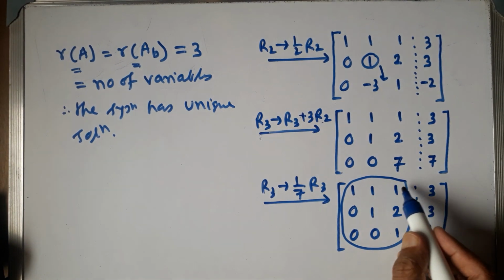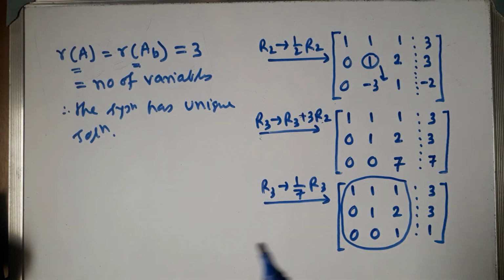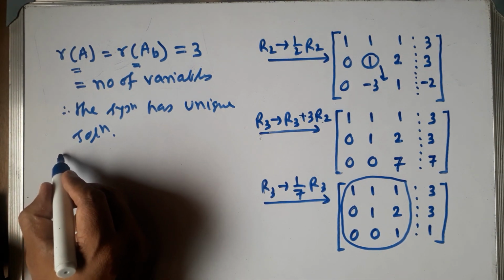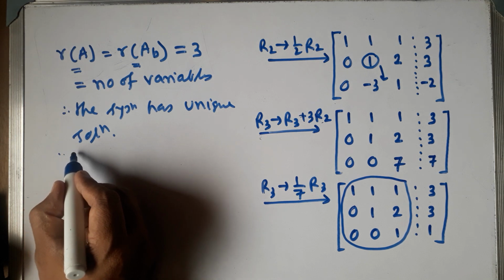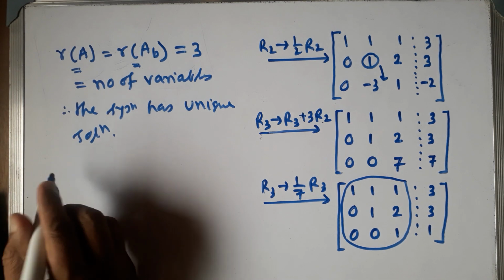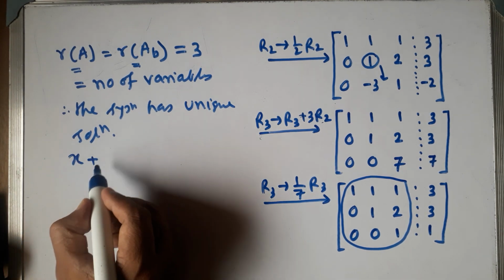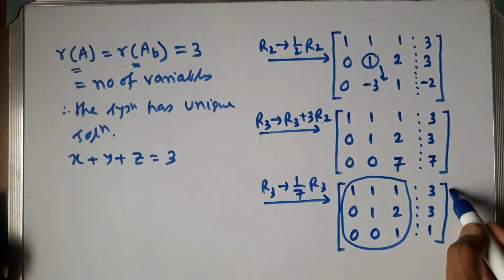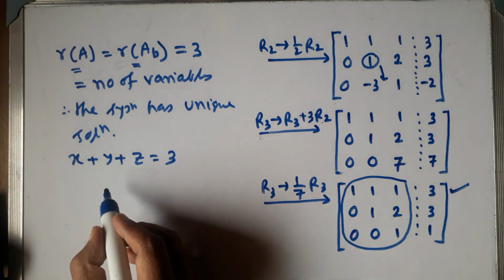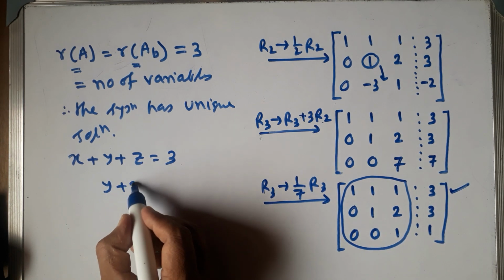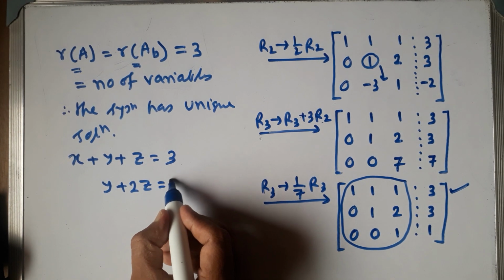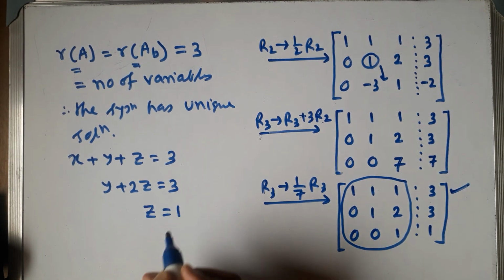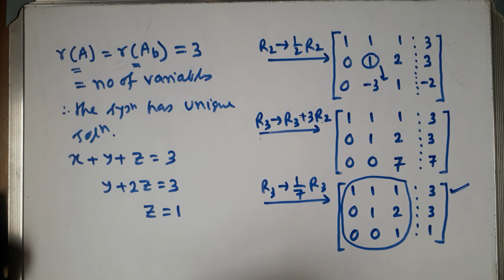Now write the changed system. The system of equations becomes x plus y plus z equal to 3, first equation. Second equation is y plus 2z is equal to 3. Third equation is z equal to 1.